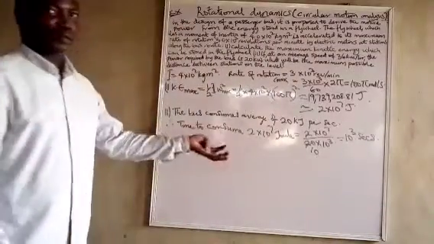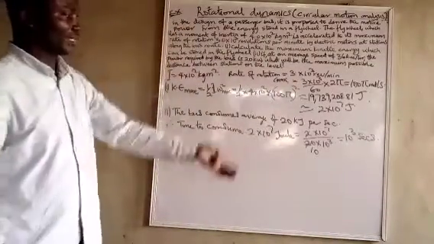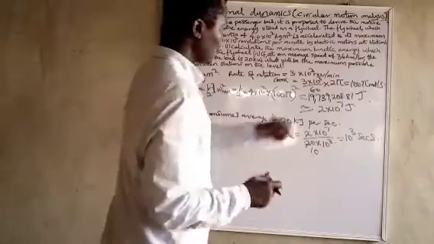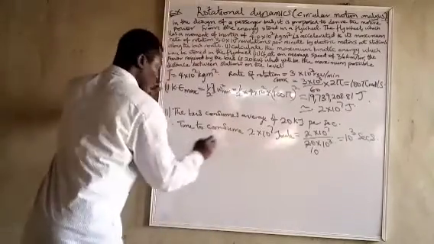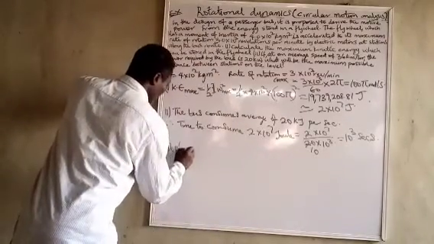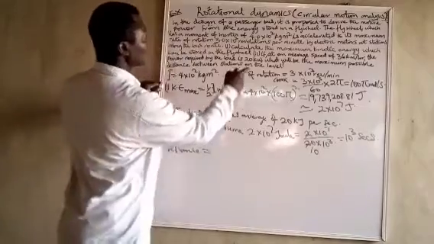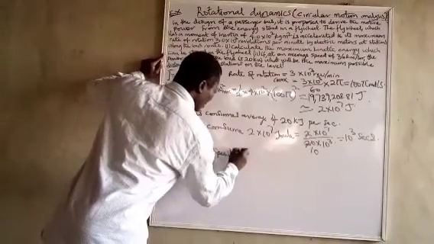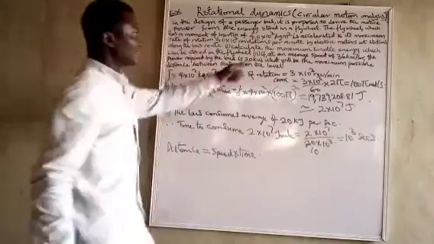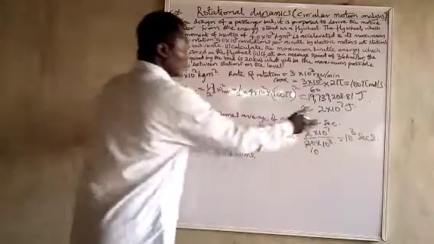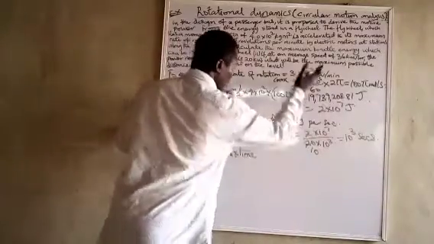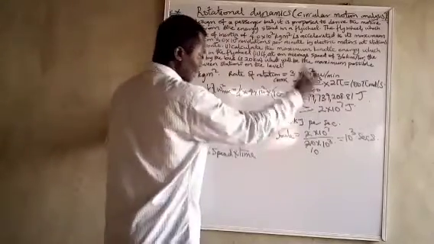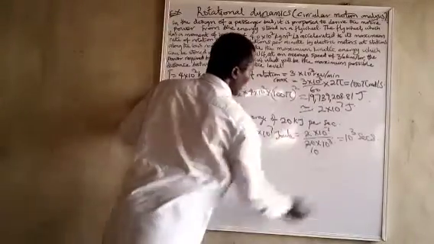Which means that the time to travel from one bus station to the other is 10 raised to the power 3 seconds. Therefore, to calculate the distance, distance is equal to speed times time. And we have the speed in kilometers per hour. So for us to work with this, you have to convert it to meters per second, or we can convert the time to hours.